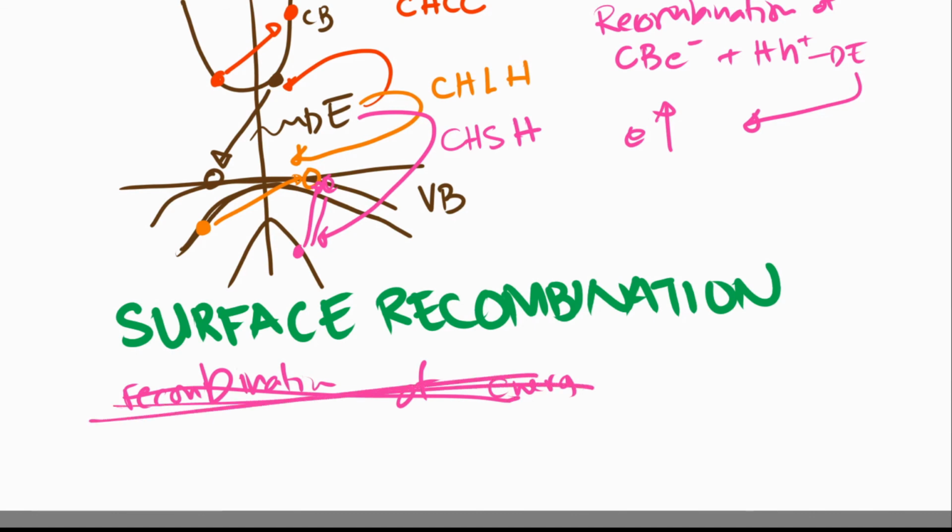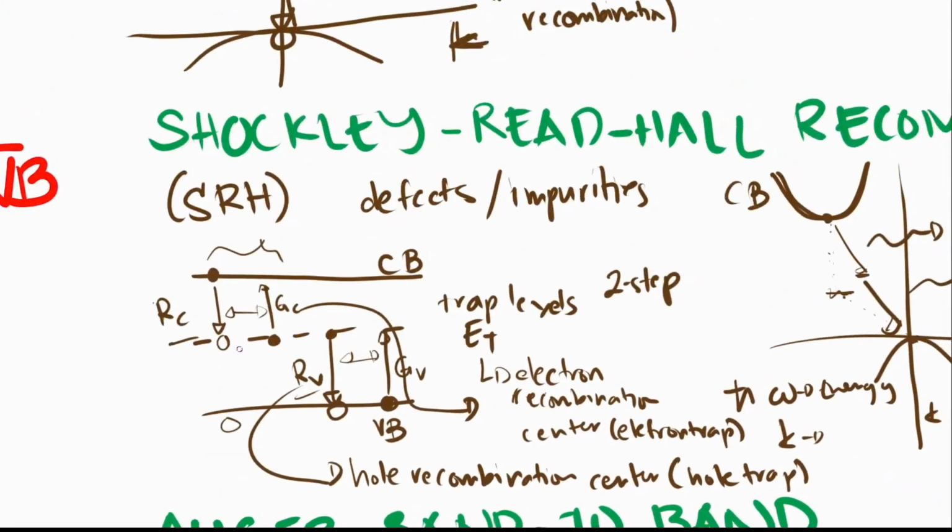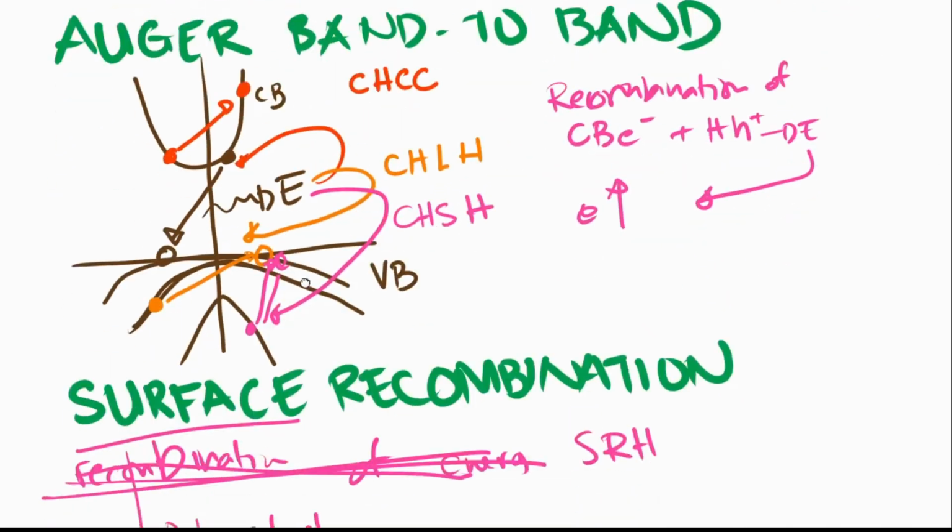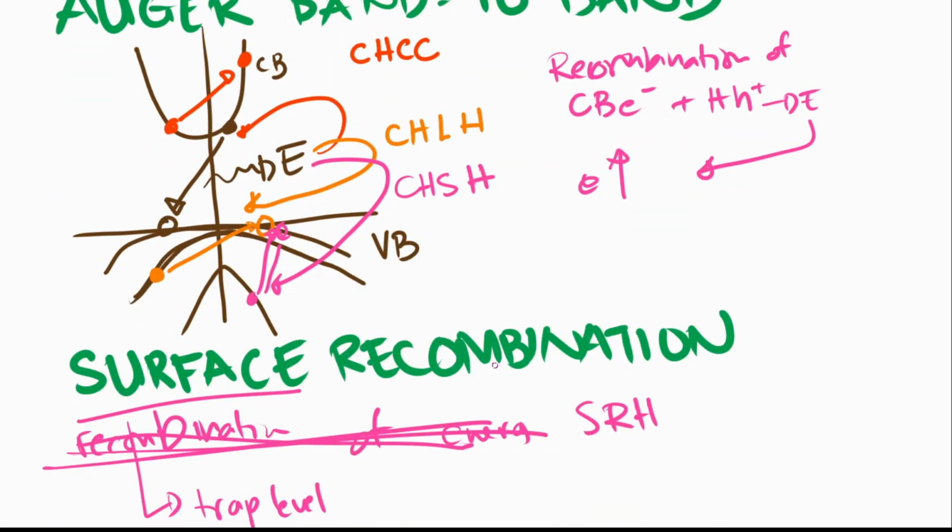This surface recombination is similar to SRH recombination, but instead of internal defects, our trap level here is caused by the surface. An energy level would be produced due to the surface discontinuity. This is just surface recombination, so we call the trap level there surface traps.